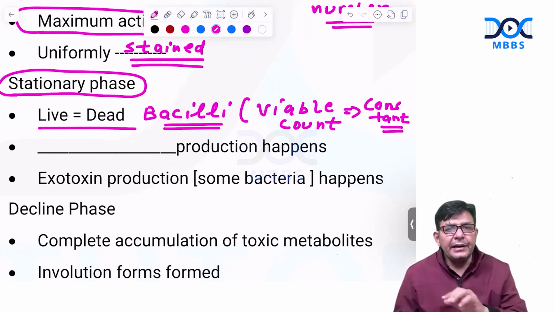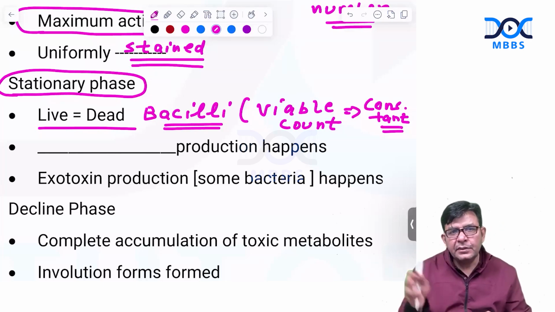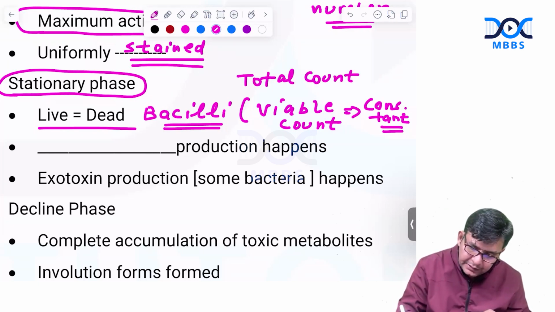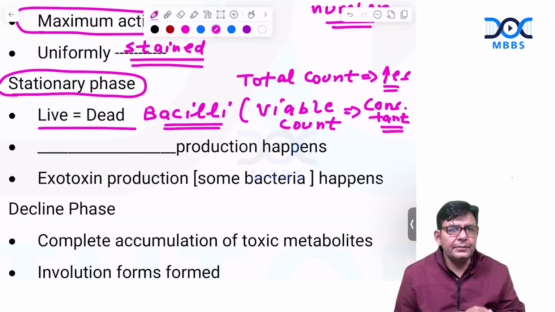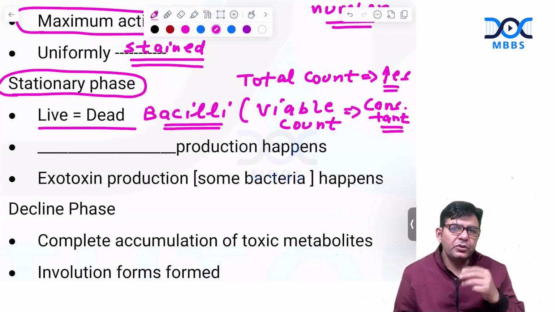In other words, if you want to remember, the viable count is constant, but the total bacterial count will increase. Means the dead bacteria and the viable count, viable and non-viable, are mixed up into the total count.